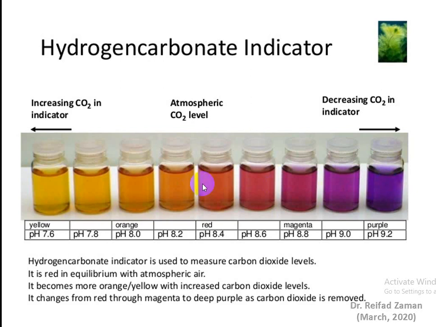So if you see that the bicarbonate indicator has orange color, it means the carbon dioxide level is normal. If it has turned yellow, then the level of carbon dioxide has increased. And if the bicarbonate solution is purple in color, this means that the level of carbon dioxide is very low.